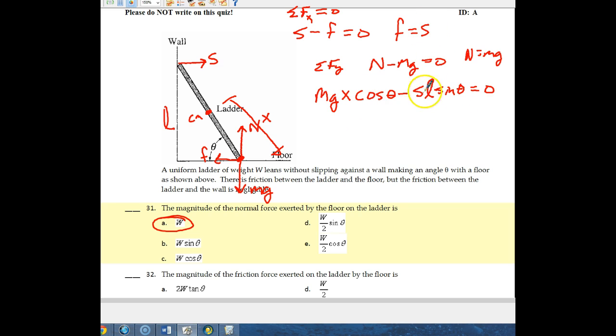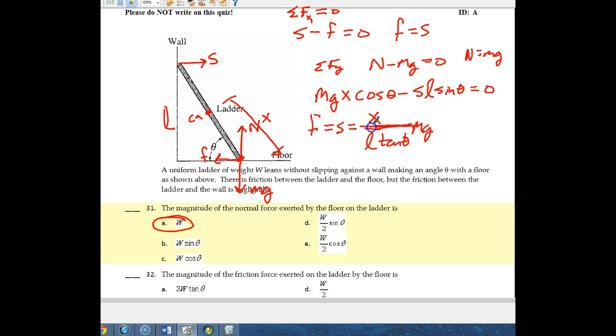Here's our S, and that's equal to F. We know mg is equal to N. And so if F is equal to S, we can then say that X, this position, over L times the tangent of the angle times mg is the force of friction.